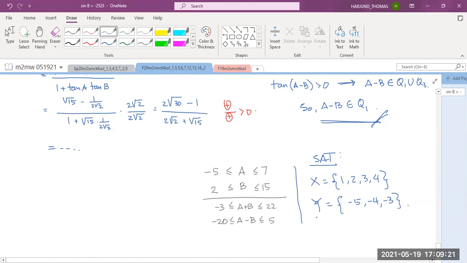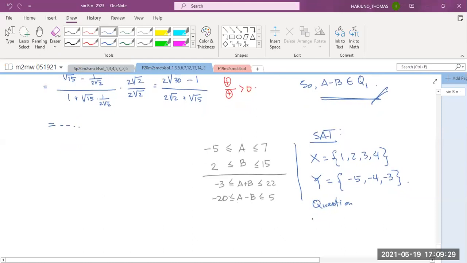Okay, and then the question was, find the set of all possible outcomes when you add any element from X with any element of Y. So what are the possible outcomes?